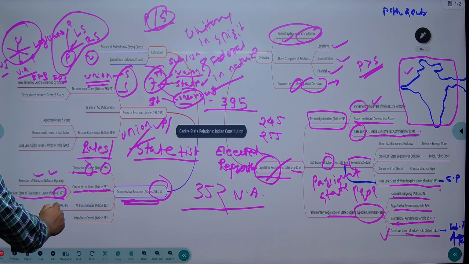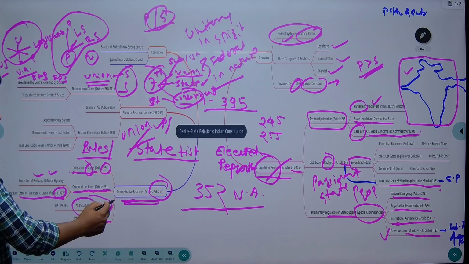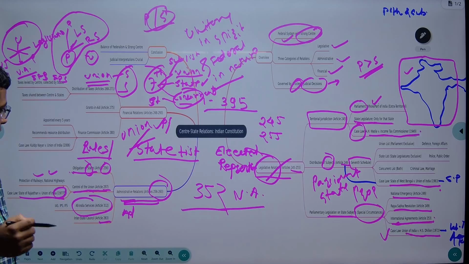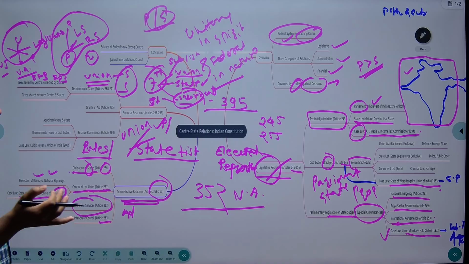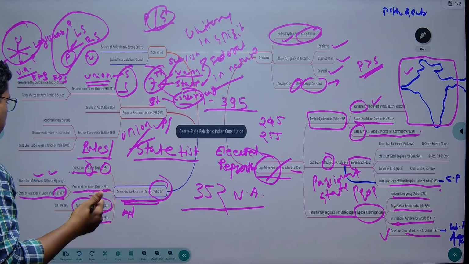Then IAS, IPS, IFS, these all India services, Article 312, and the Interstate Council, Article 263. These are the administrative bodies. So it governs according to guidance or recommendation given by the union to the states.